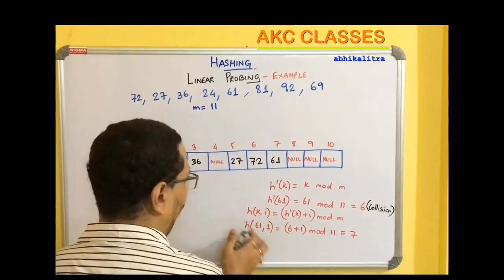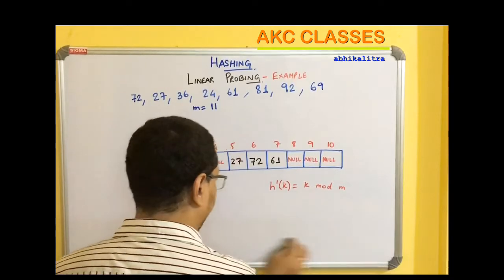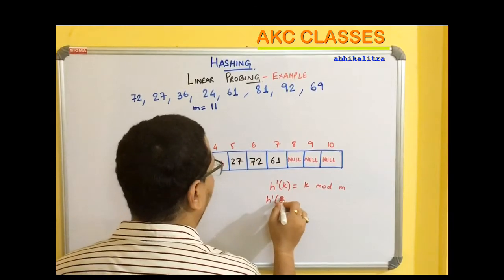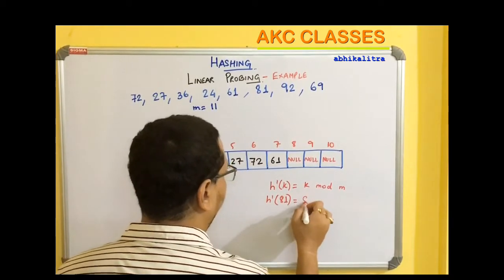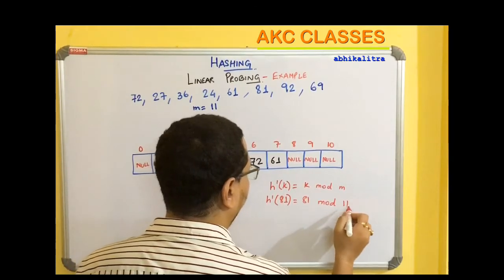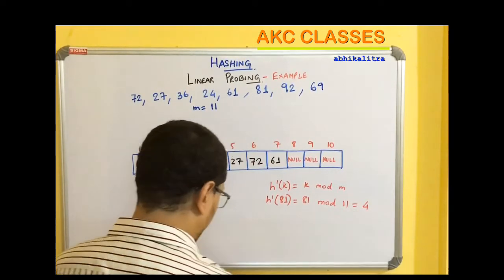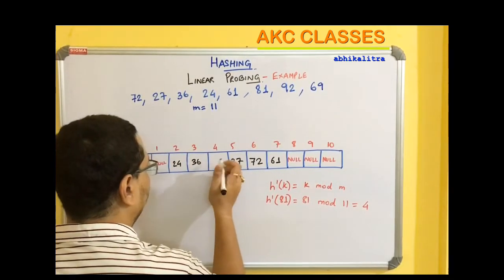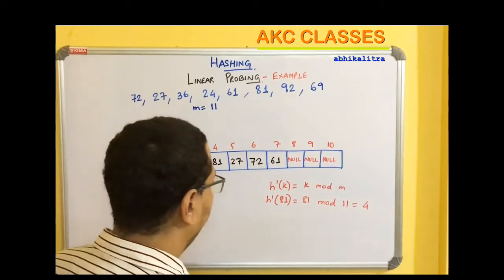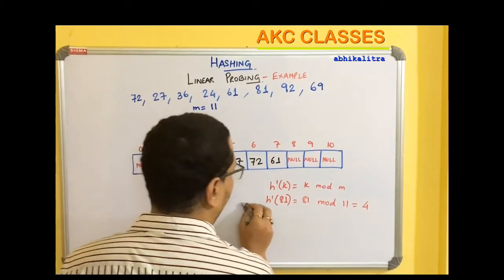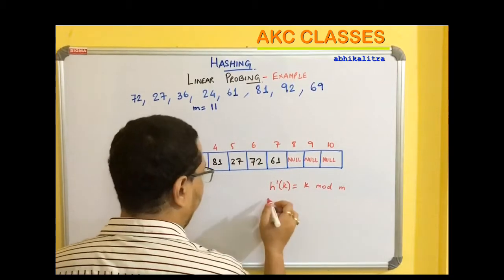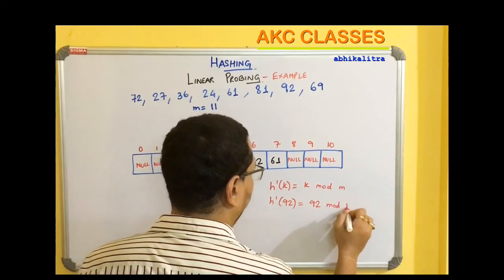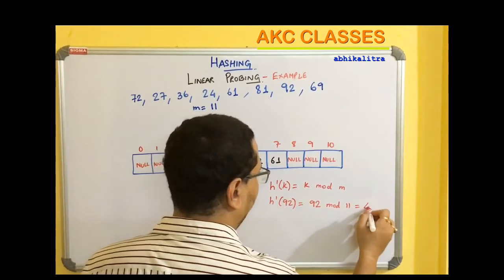After this, we move on to the next key value, 81. h prime of 81 means 81 mod 11, which is 4. If I go to the fourth location, yes, it is empty, so I will put 81 over here. Now we move on to 92. h prime of 92 equals 92 mod 11, which is again 4, right?